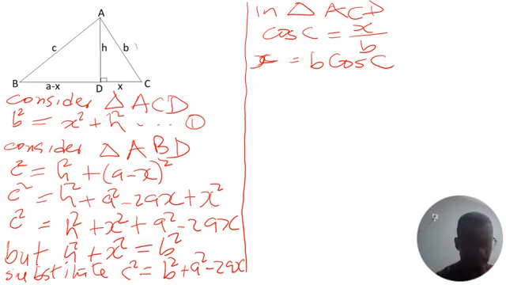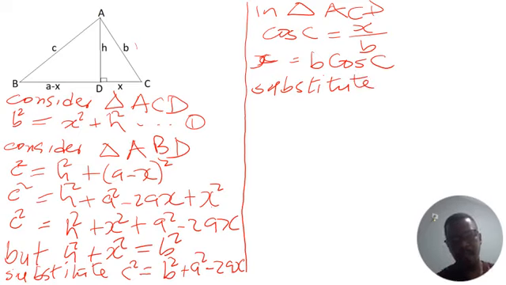Okay, so we are also going to do substitution. Substitute this one into that one. Where there is x, here we have to put b cos c. The whole idea of bringing in x was to help us solve, so we have to take it away because it's not part of what we want.